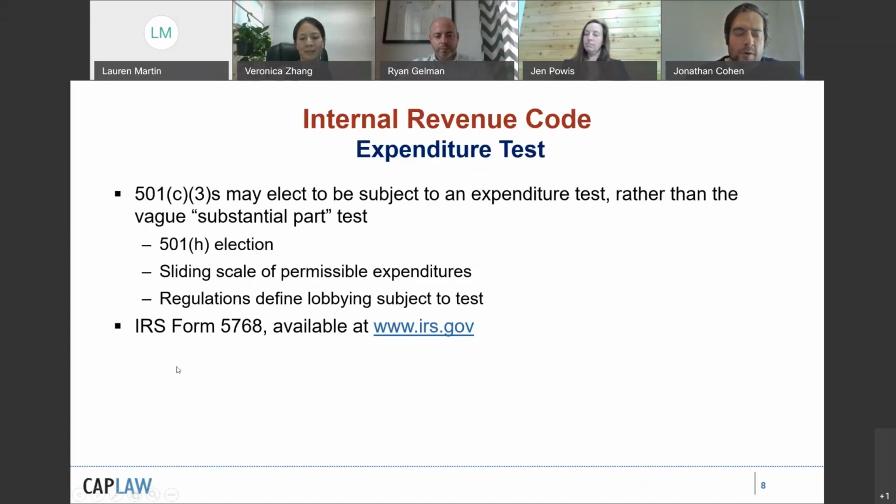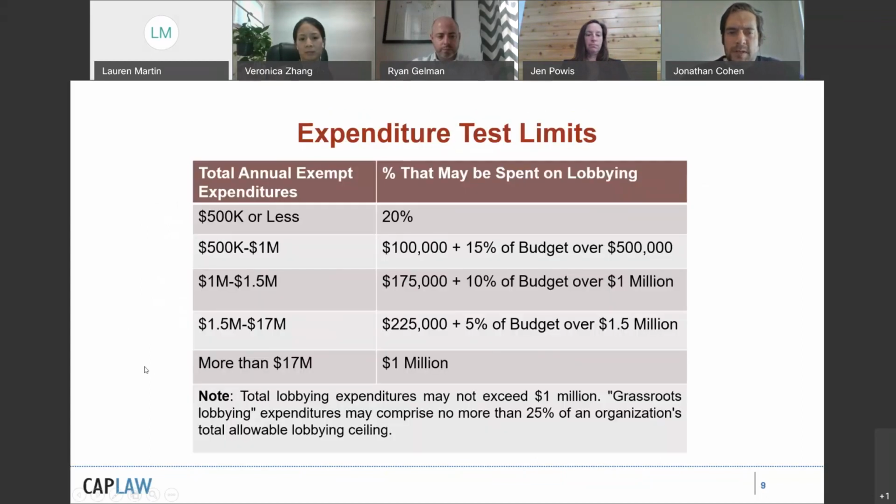It's a sliding scale of permissible activities. Essentially, the more total expenditures your organization makes over a year, the more you're allowed to spend on lobbying. We have that illustrated in the next slide. If we go to the next slide, as you see on the left, there are the total overall expenditures, and on the right, the amount that may be spent on lobbying, a sliding scale, as I mentioned.